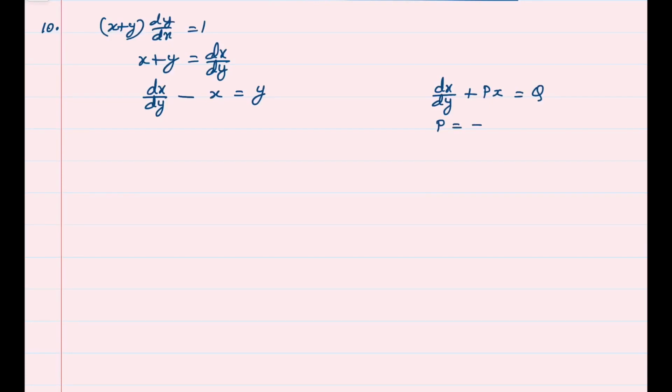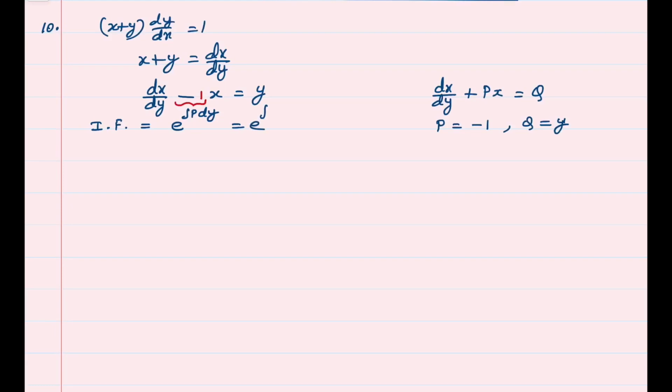P is minus 1. It is very important to take along with the negative sign. P is minus 1. Otherwise, the whole answer will go wrong. And q is y. We will find the integrating factor. Here integration has to be done with respect to y everywhere. Integrating factor is e raised to integral p dy.